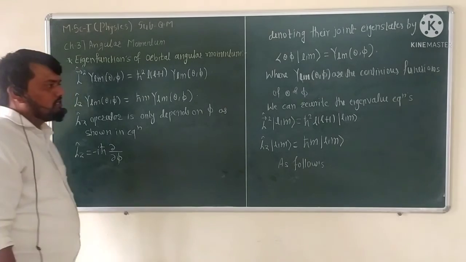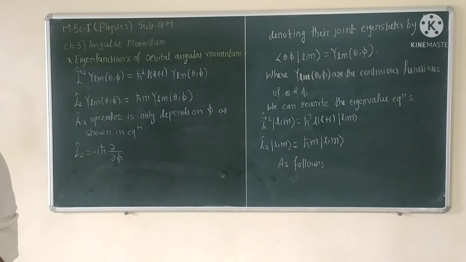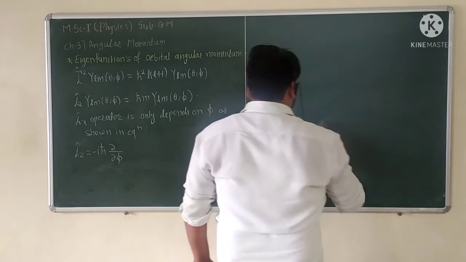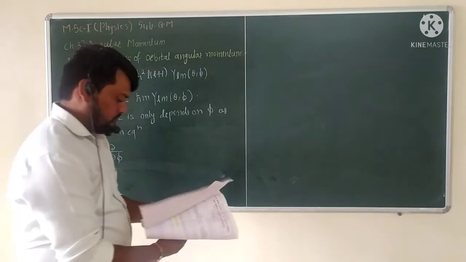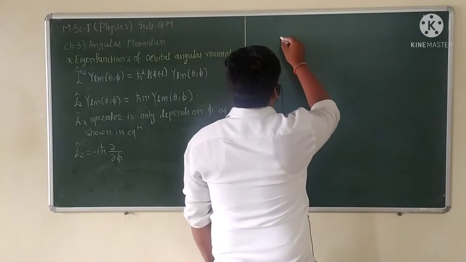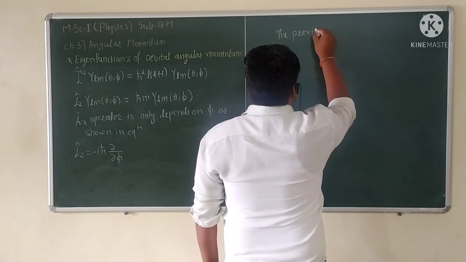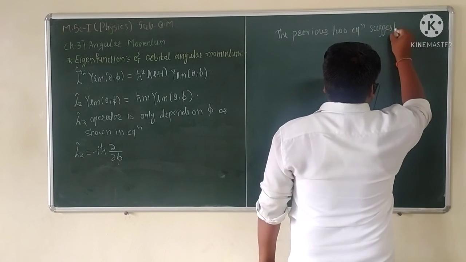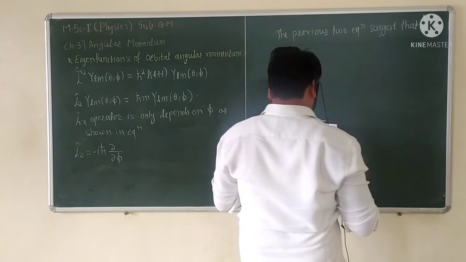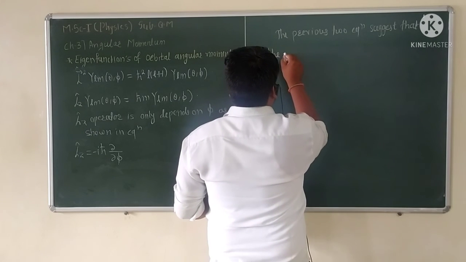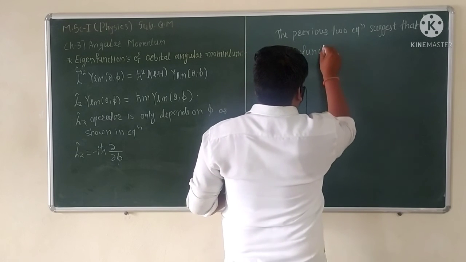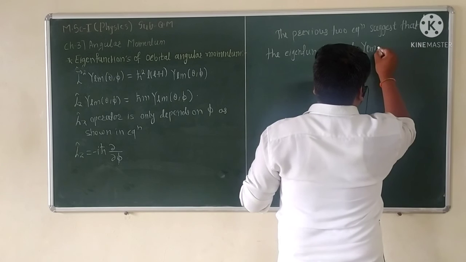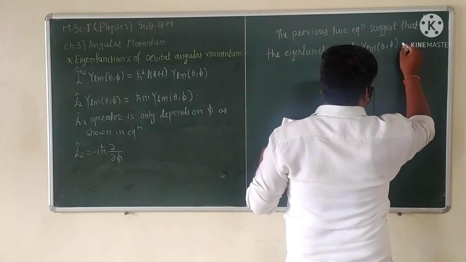The previous two equations suggest that the eigenfunctions Y Lm of theta and phi are separable.